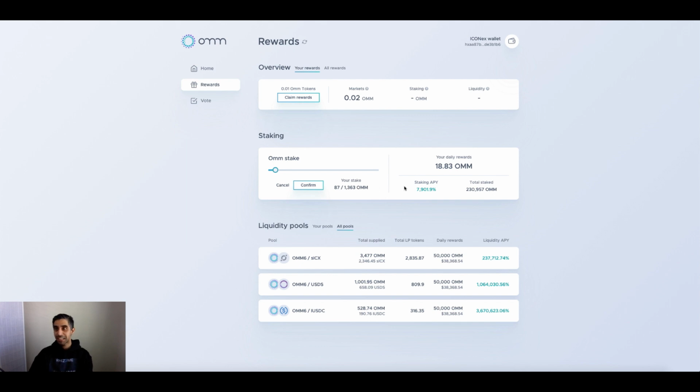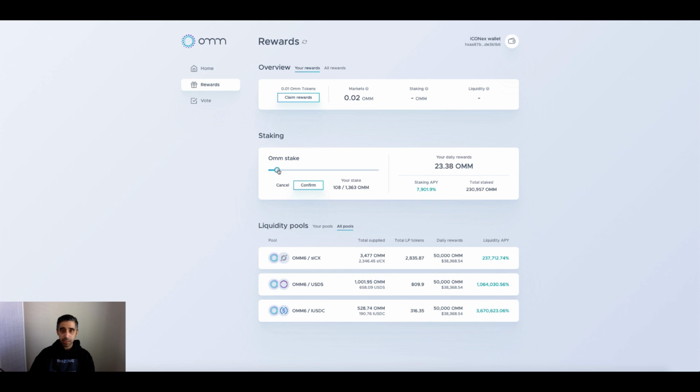So again, testnet version, so these figures are showing ridiculous rates. I don't think it'll be this crazy on mainnet. However, it is great to see right from the start there is incentive. Apart from voting and a few other things, there's actually incentive to stake your OM on the platform so that you earn more of the governance token. So it's great to see it's kicking off this way.